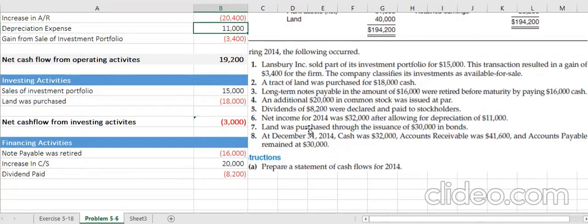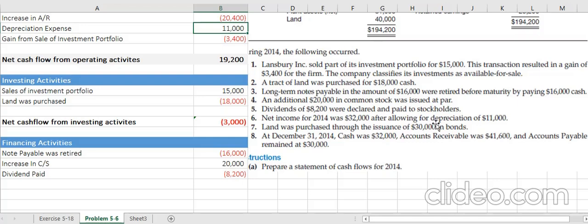Number 7, land was purchased through the issuance of a $30,000 bond. A long-term asset was actually purchased, but money was not paid. Bonds were given in return. So if you see here, in both give and take, land was purchased and bonds were given. Money is not involved here, cash is not involved here.